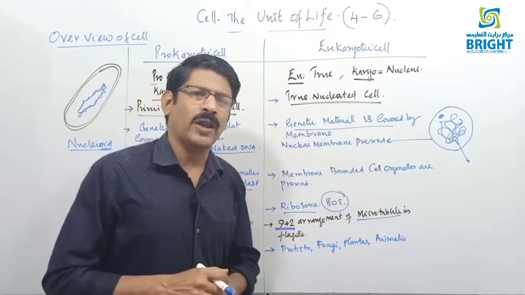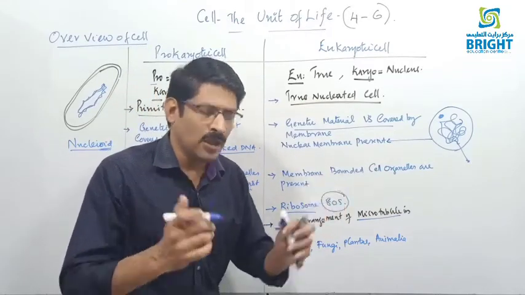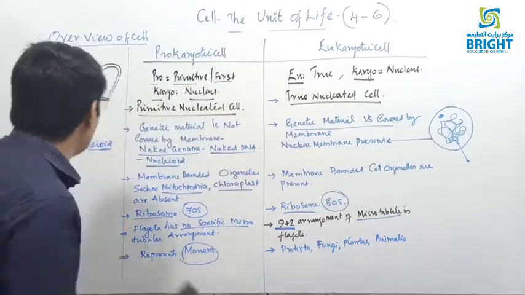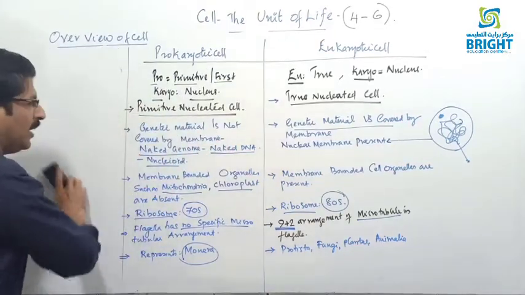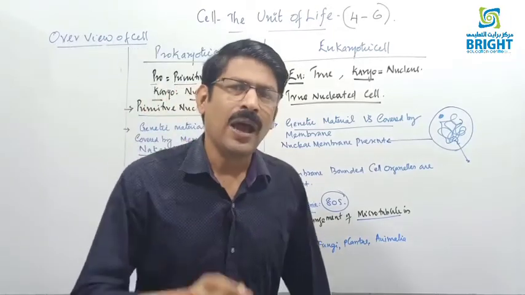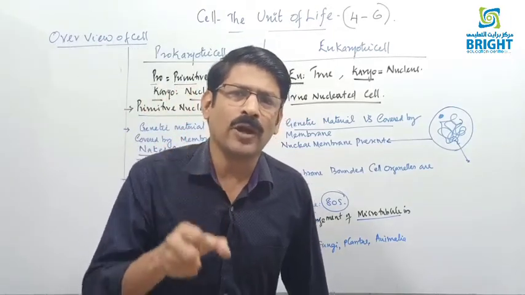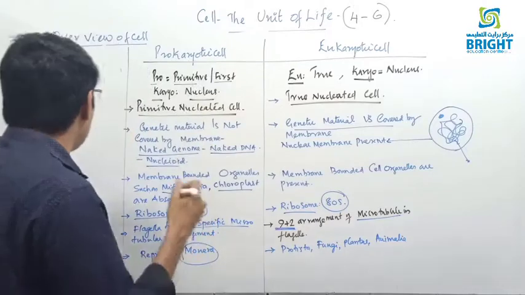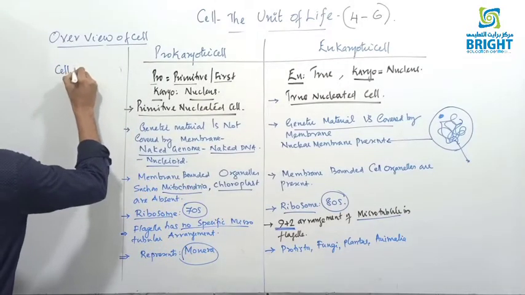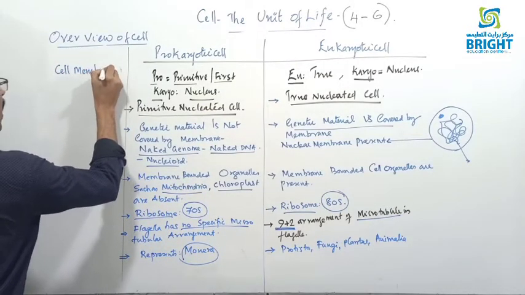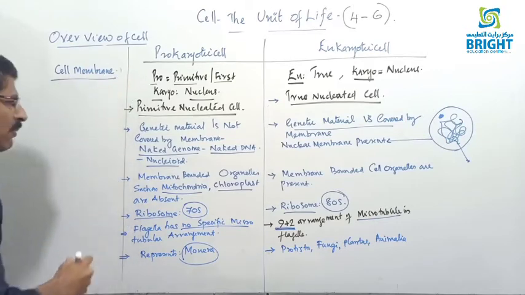But when we are comparing the prokaryotic and eukaryotic cell, only one structure is common and similar, chemically similar, in both. That is the cell membrane or plasma membrane.